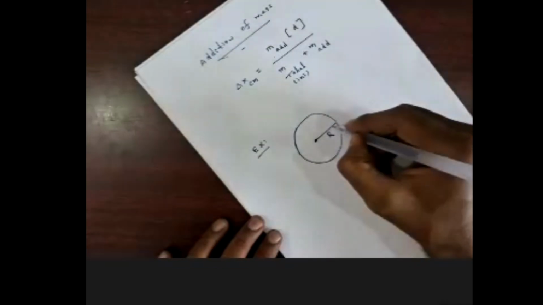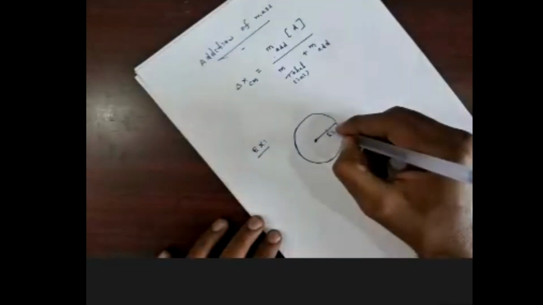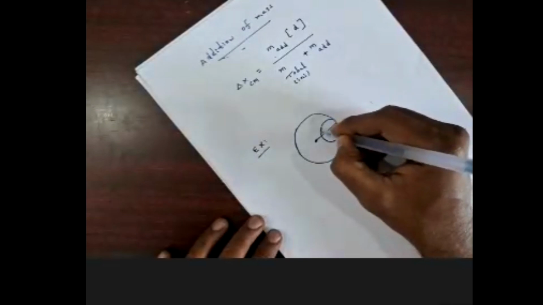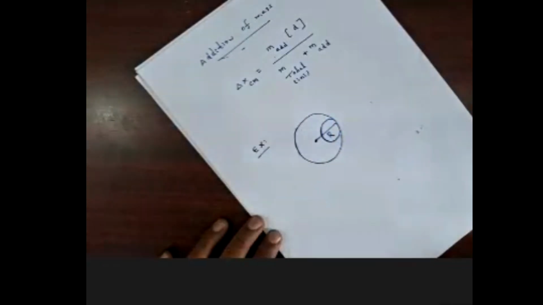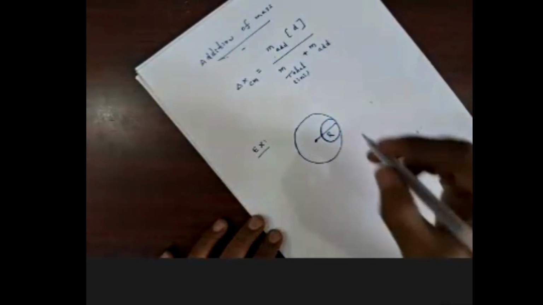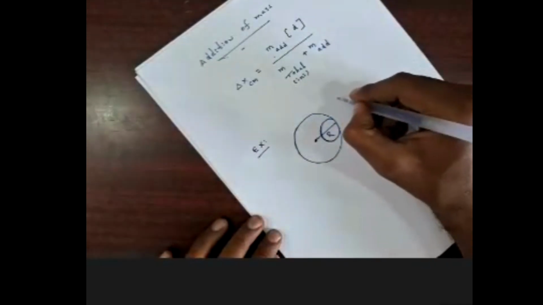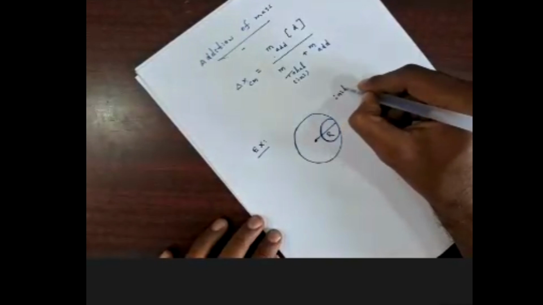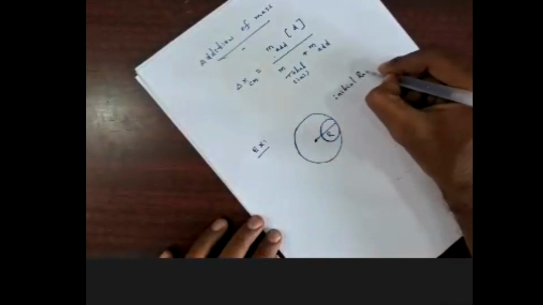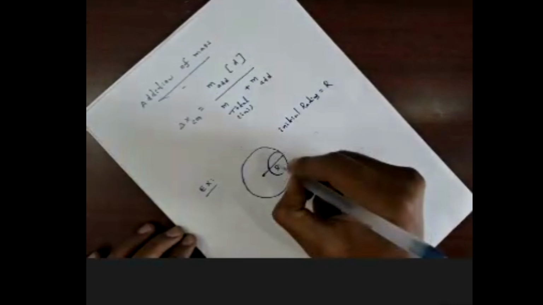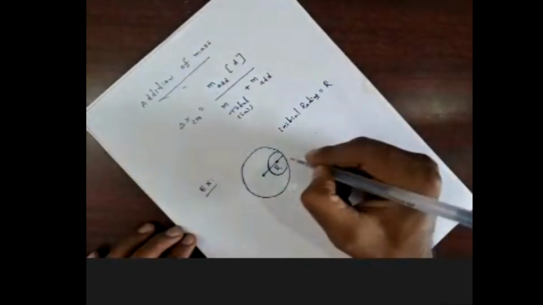Now, from here I added some more mass, one more circular plate, to this. What is the radius of the previous one? The initial radius, for your understanding, is capital R. Now we added another circular plate to this.